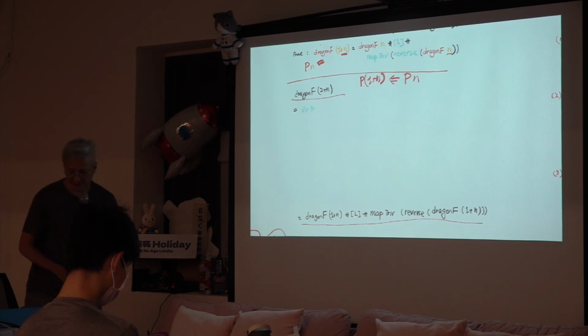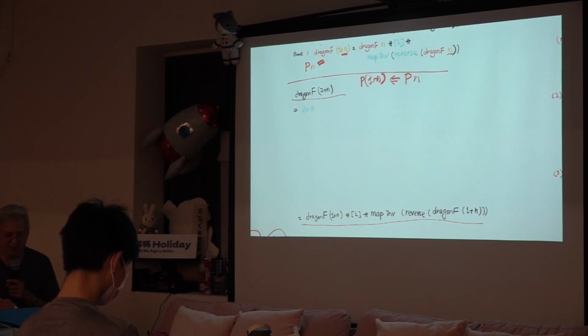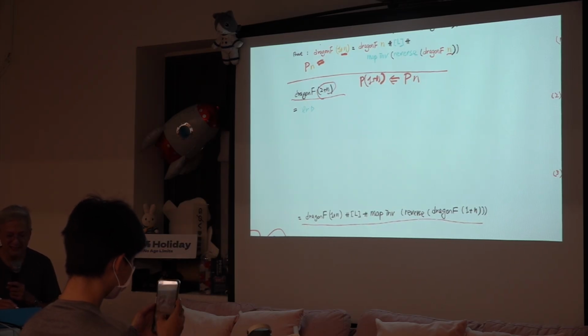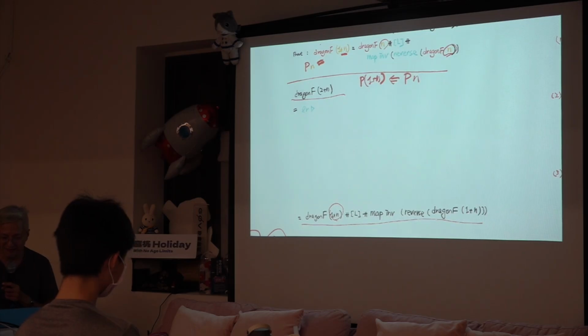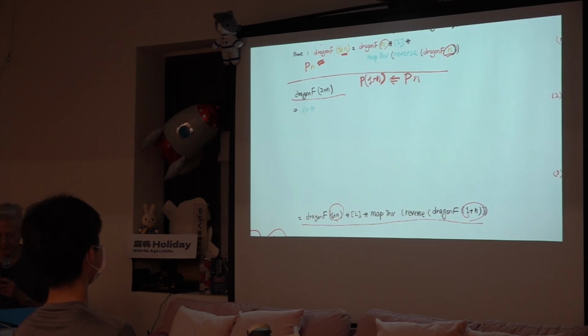So it's the same property with 2 plus n instead of 1 plus n. Here it's 1 plus n instead of n. Okay? Right. You all okay with that? Okay.